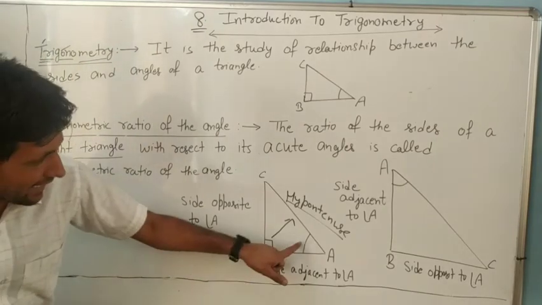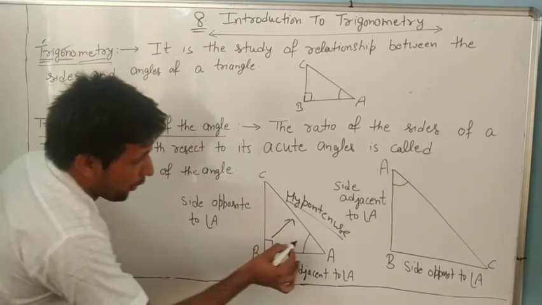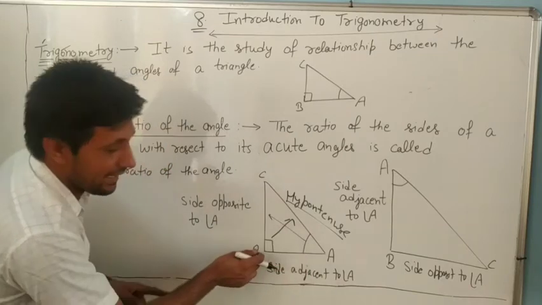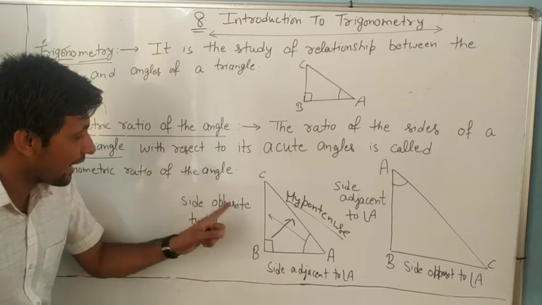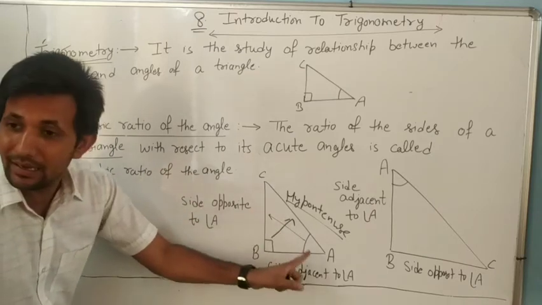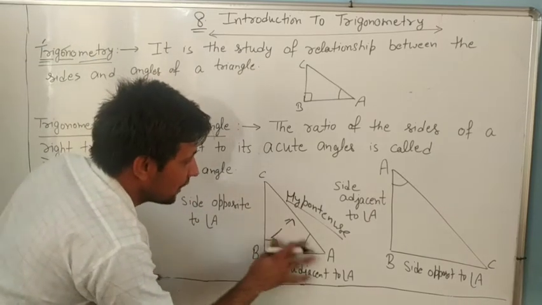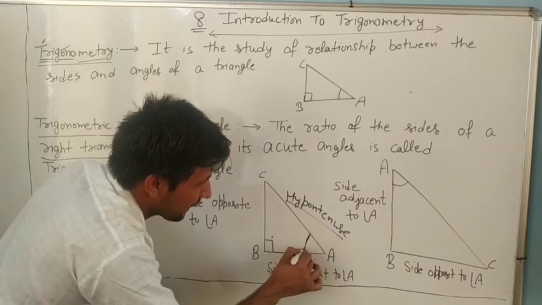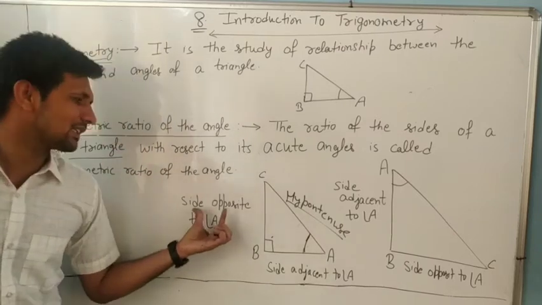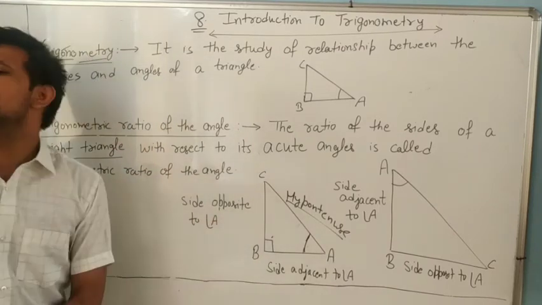Now, it is angle A. And what is the side opposite to it? BC. So we say that this side is the side opposite to angle A, because this side is opposite to angle A.